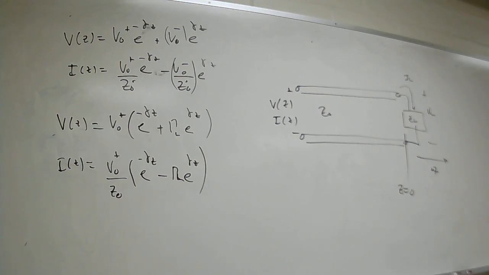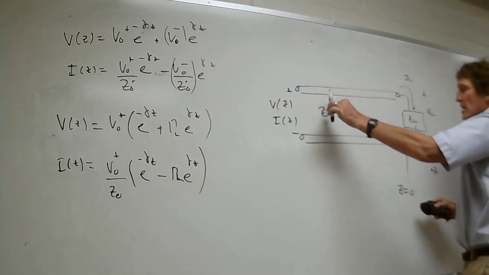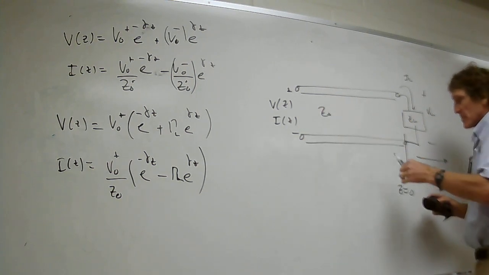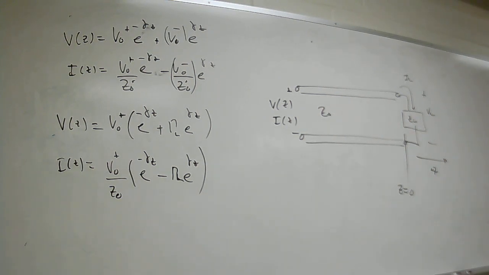I've got my equations. What we're going to do is find out what the impedance would be anywhere down the line in this direction. So I need to erase this board and keep going. This one's kind of interesting.